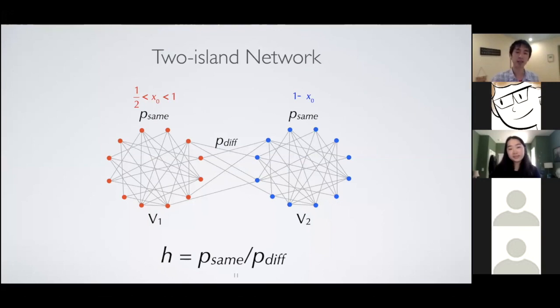And so that's captured by this network of connections between people, where p diff and p same are just the probability that you are connected with someone from a different ideology, let's say.